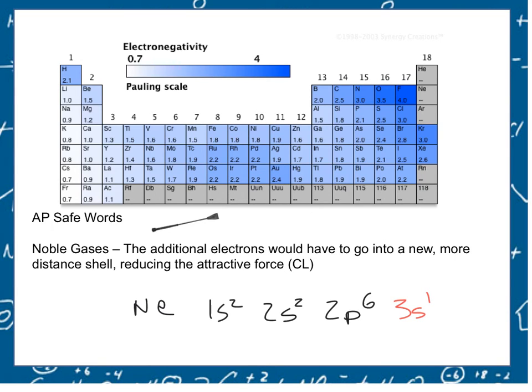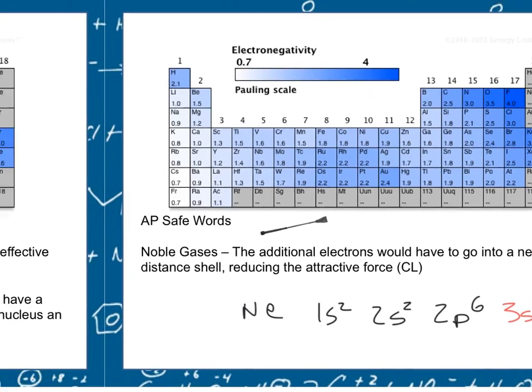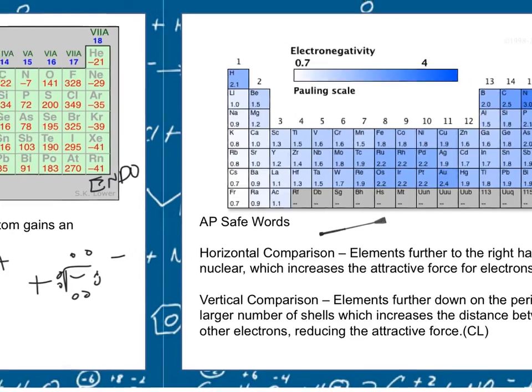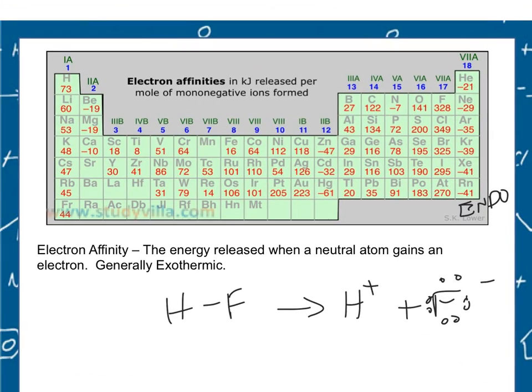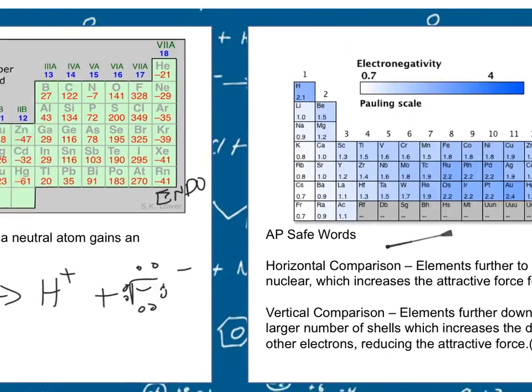It makes it difficult for us to measure electronegativities for these noble gases, and in the case of electron affinities, it makes them endothermic because there's so little attraction there.